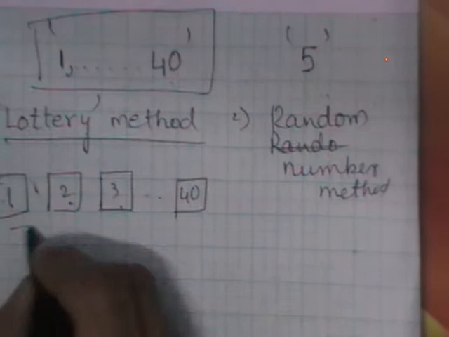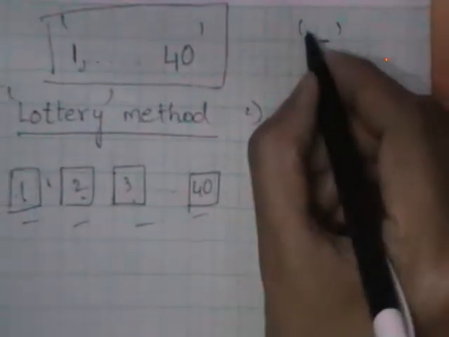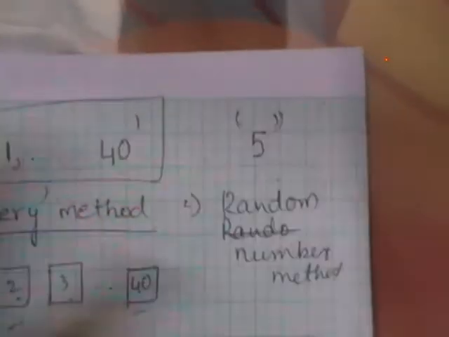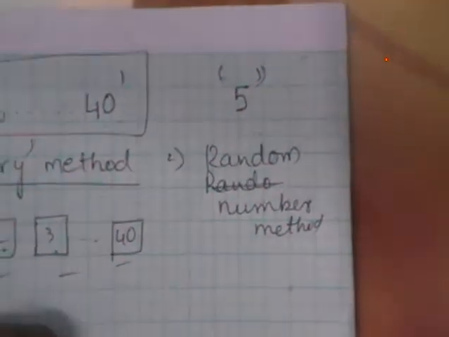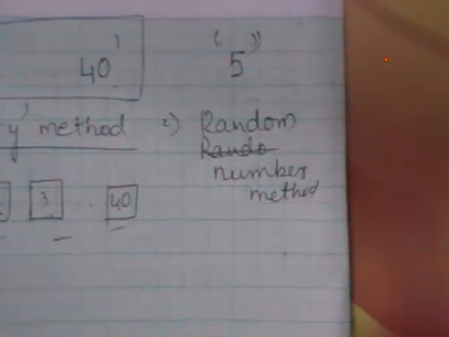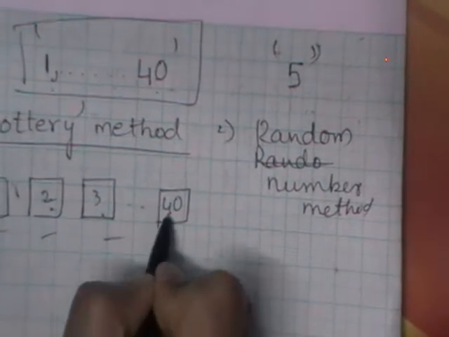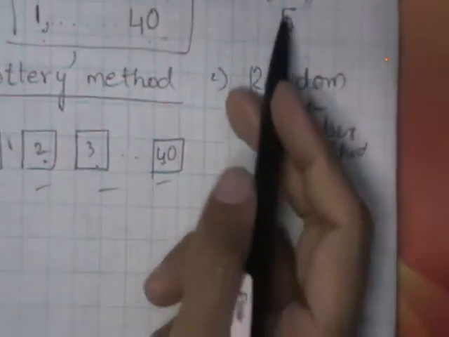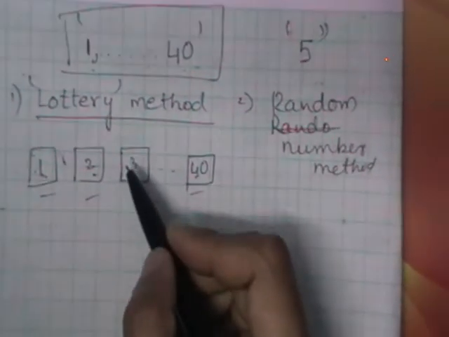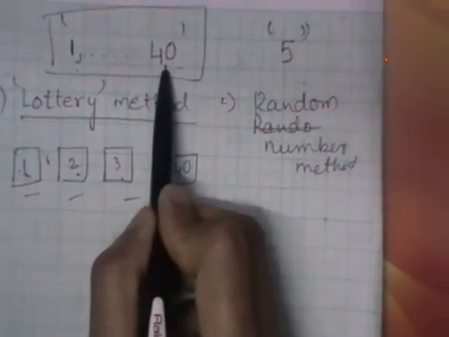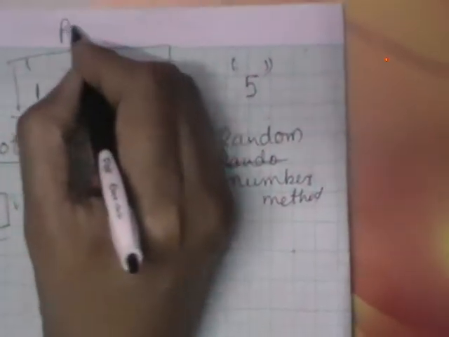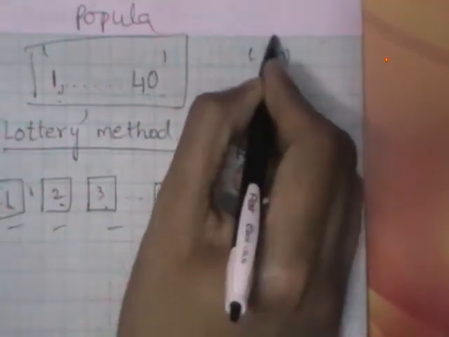Number 1 indicates roll number 1, 2 indicates roll number 2, and so on up to roll number 40. Here the population is this, and the sample is this.